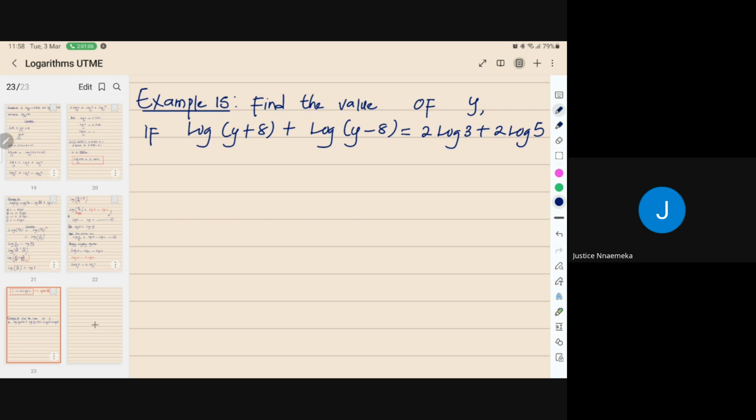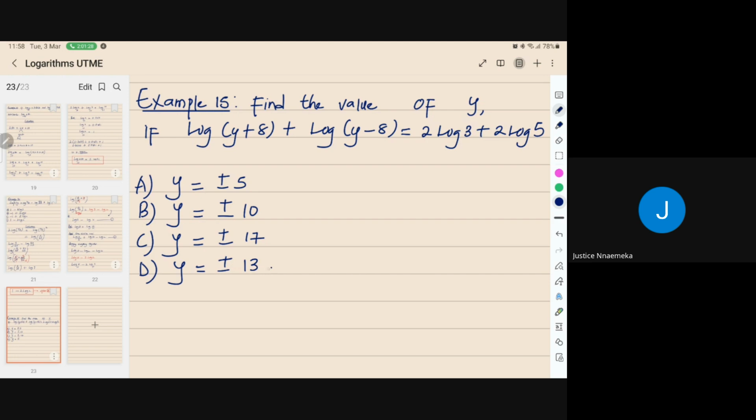Right. So the options: option A is y equals plus or minus 5, B is y equals plus or minus 10, C is y equals plus or minus 17, and D is y equals plus or minus 13.